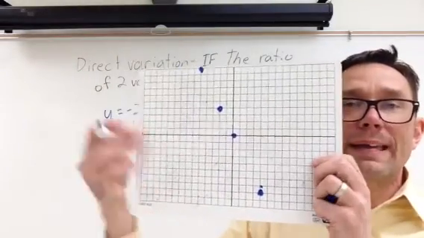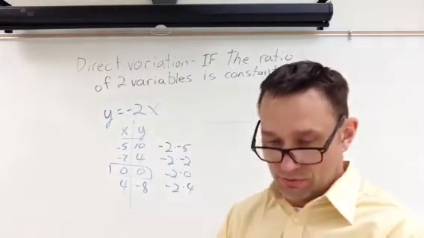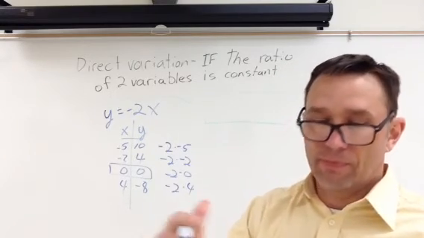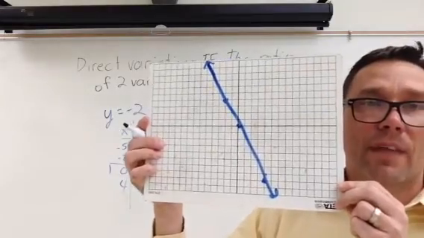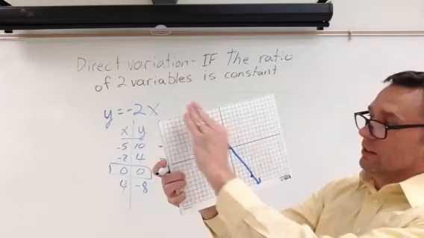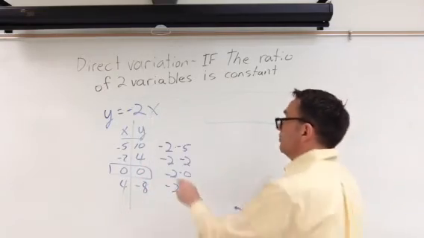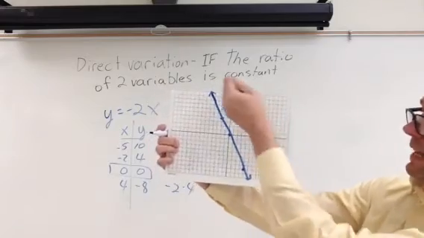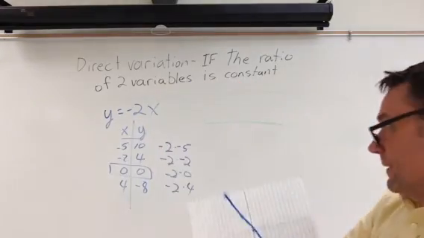They will always make a line right through the origin. Just like that. Just like we plotted in the last section we did, this is our slope. Our slope is -2. It's our rate of change.